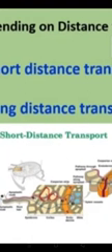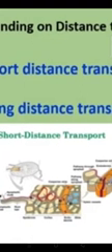Next, the second one is long distance transport. Long distance transport means vascular tissue, that is xylem and phloem.